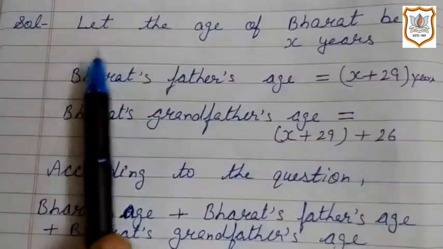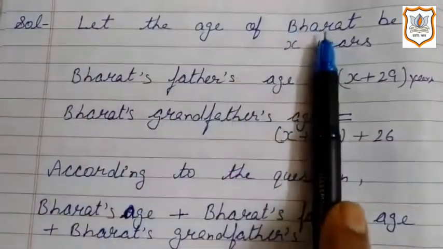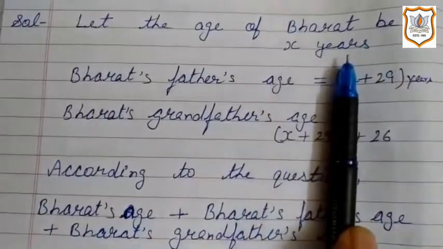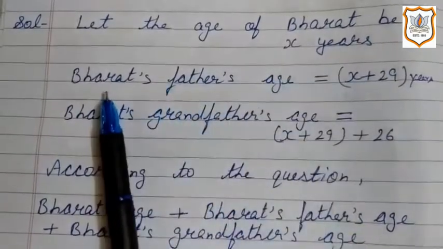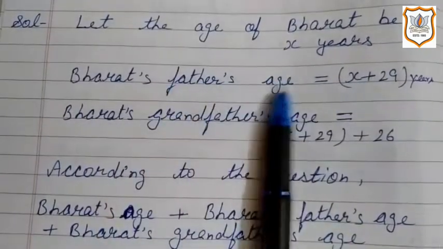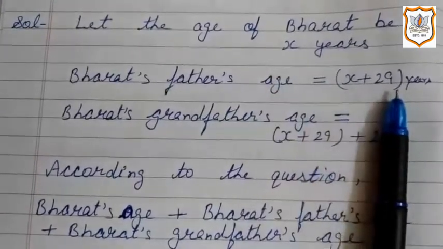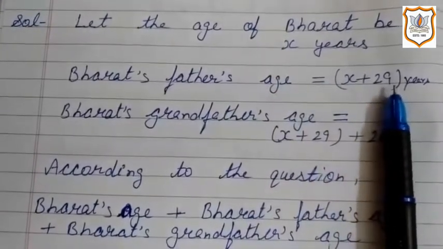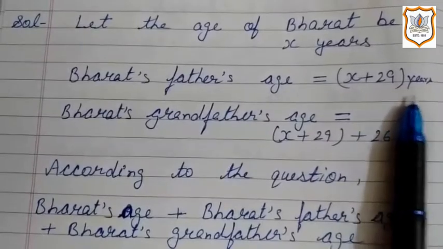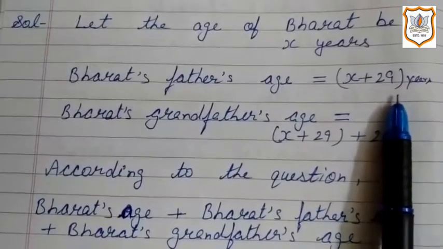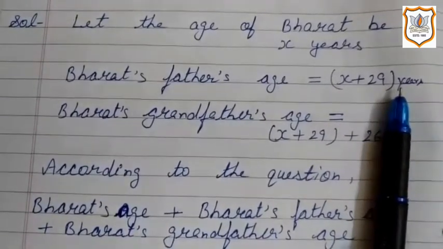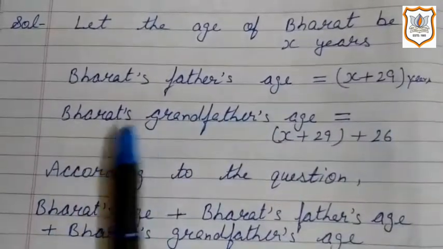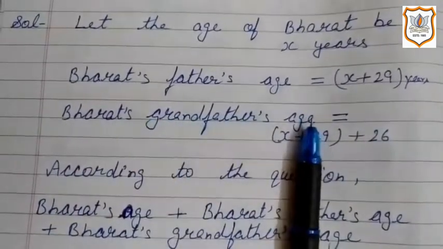Let's solve. Let the age of Bharat be X years. Bharat's father's age is equal to X plus 29 years, because Bharat's father is 29 years older than Bharat. Clear? Next, Bharat's grandfather's age.